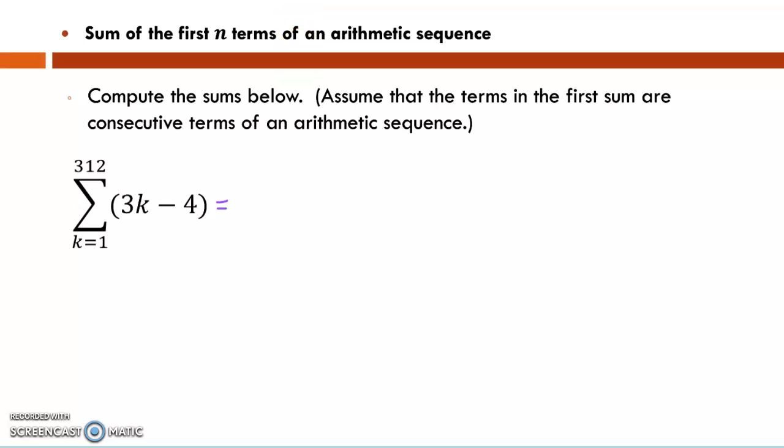Well, we take 3k minus 4 and we plug in 1 for k, and then we plug in 2 for k, and then we plug in 3 for k, and then we keep going until we finally plug in 312 for k. And then we sum them, or add these all together.